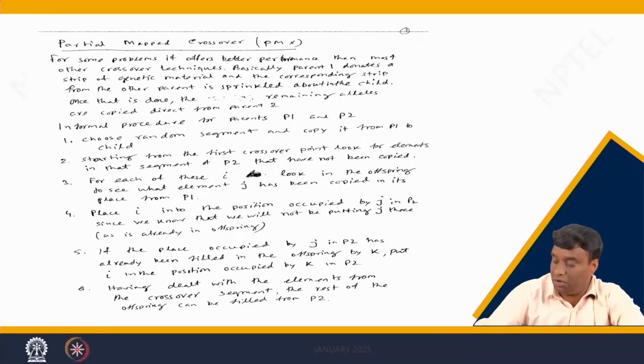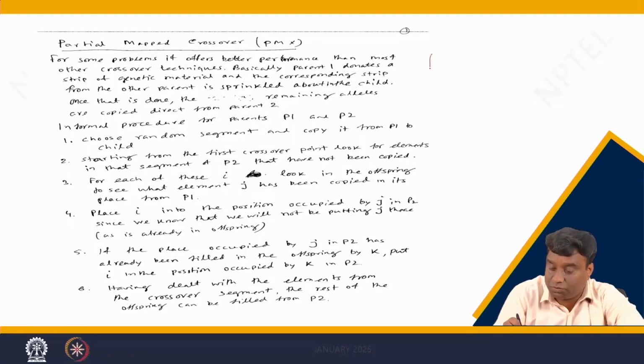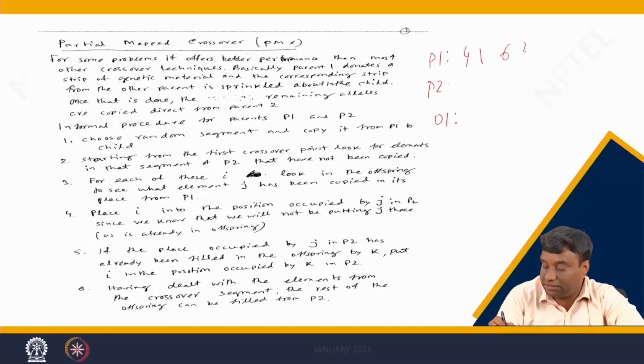Suppose we are considering two chromosomes, P1 and P2, and we try to find their offspring. P1 is 4, 1, 6, 3, 7, 2, 5.